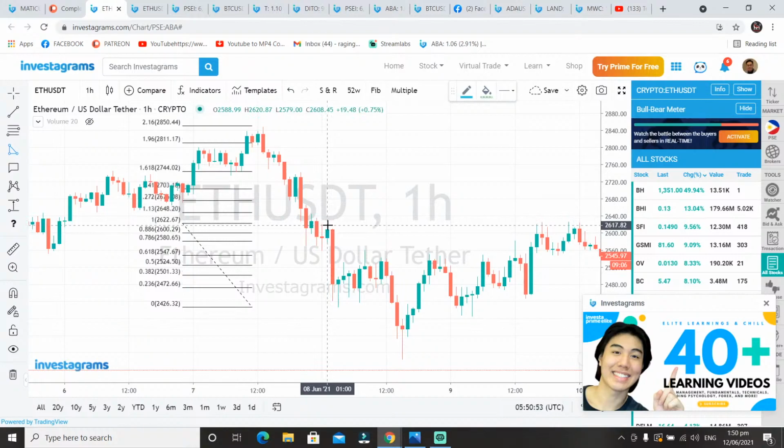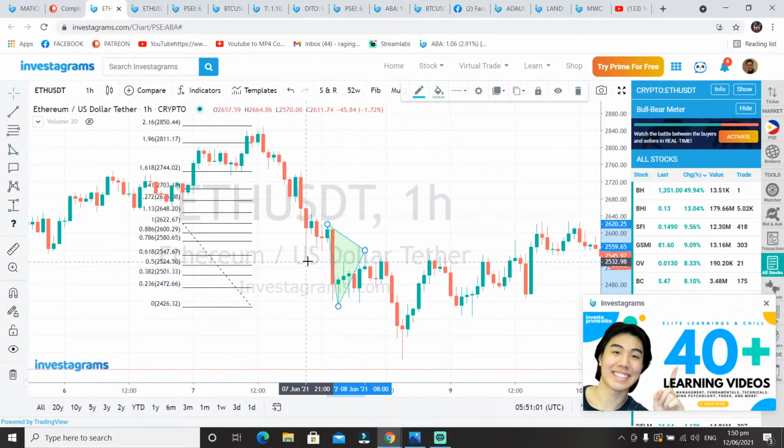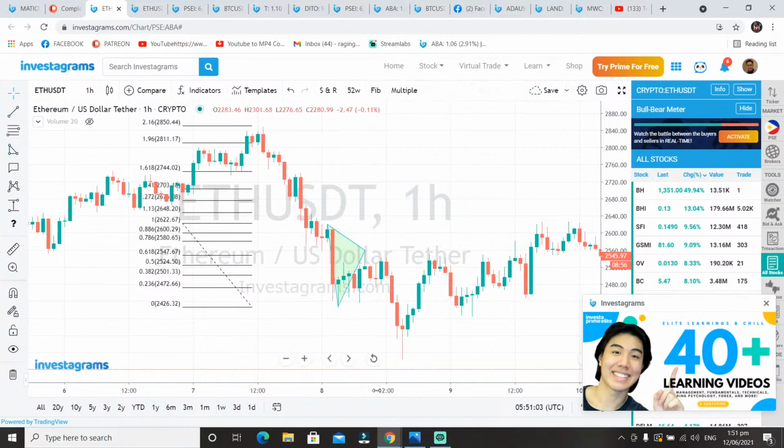Yeah, this one. From here to here, then to here. That's part of our harmonic pattern. Then next, this is X, A, B. Then B is the fib retracement of X to A, 61%. Good. Then we will find X, A, B, C.